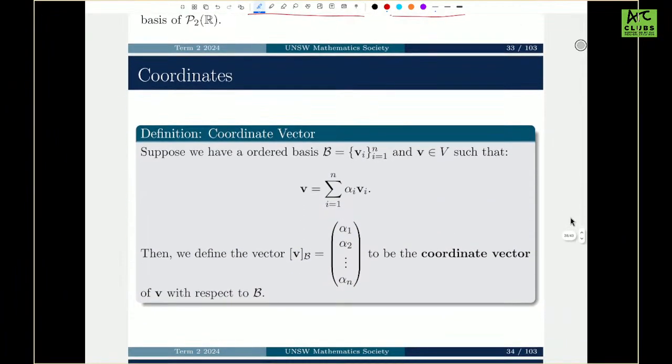Okay, coordinate vectors. Suppose we have some ordered basis B for V. Then we can represent v as some linear combination like so, with some coefficients. Now if we put each of those coefficients into a vector like this, we get the coordinate vector of v with respect to B. We denote it like this.